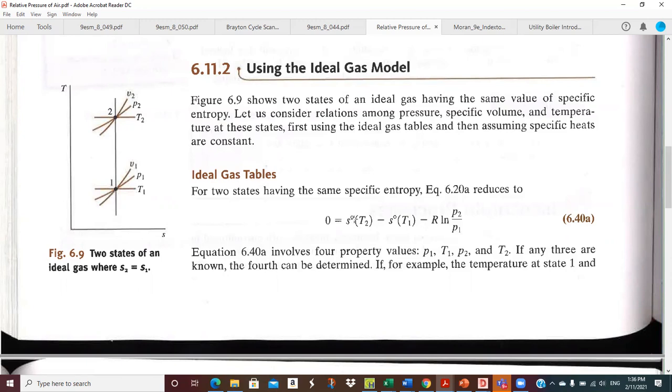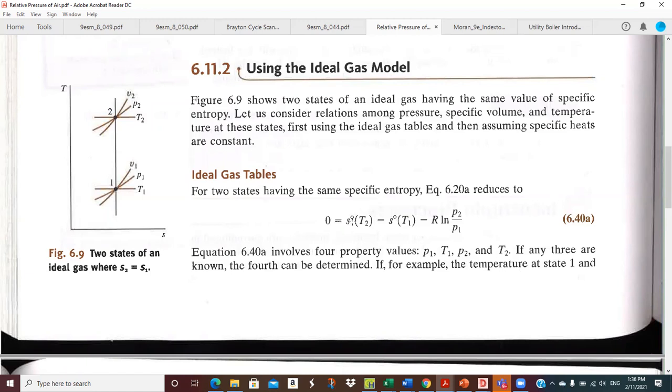We've got 4 variables in here: T1, T2, P1, and P2, and it's set equal to 0. So I can know any 3 of these and solve for the 4th one. 1 equation, 1 unknown, so that's pretty simple.